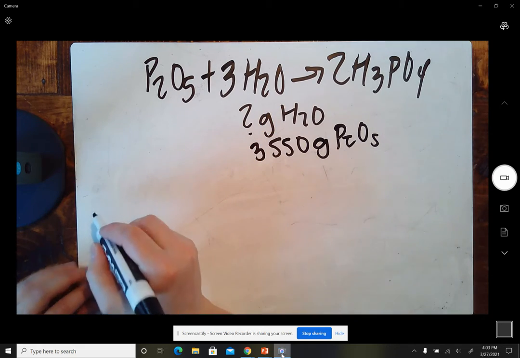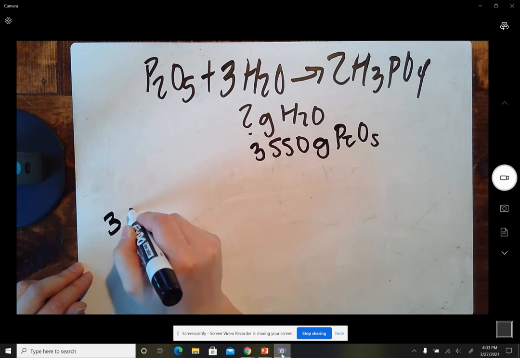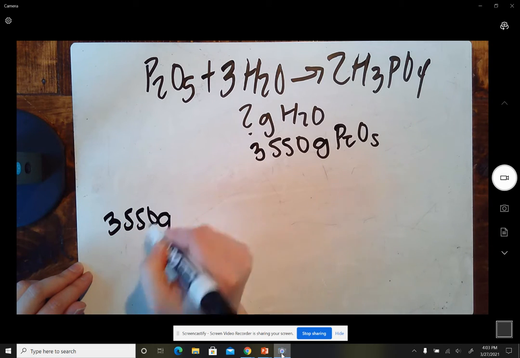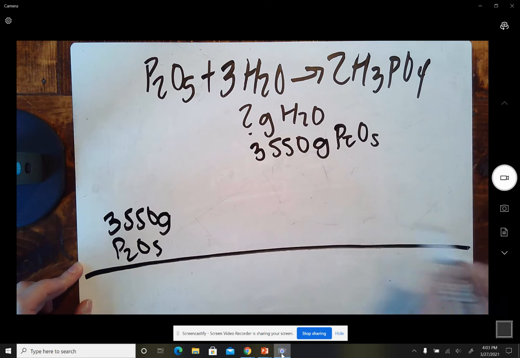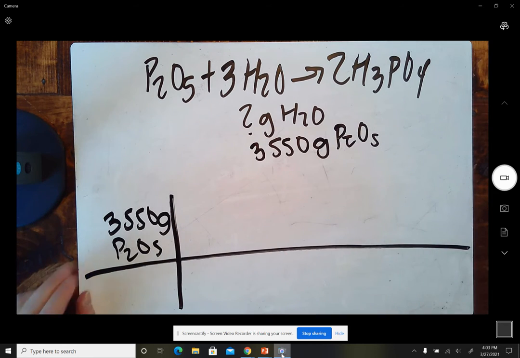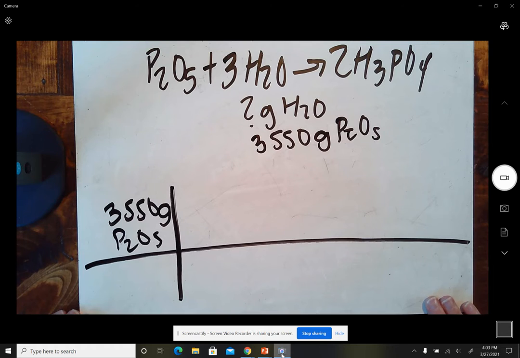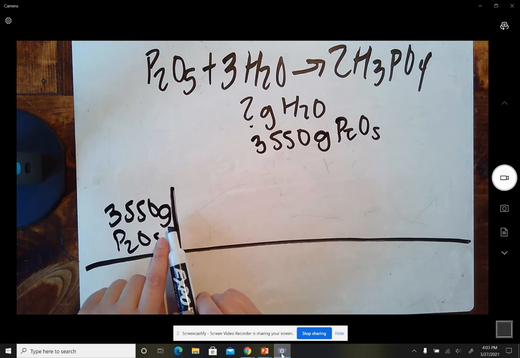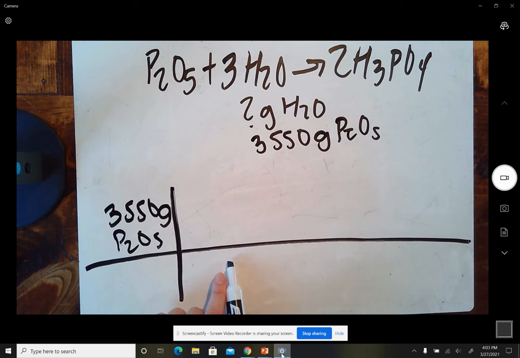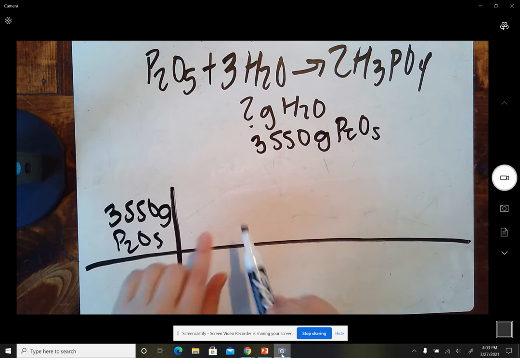So here we go. Start with what you're given. 3,550 grams of diphosphorus pentoxide. Now, first step is we need to go from grams of substance A into moles of substance A. So we know by now that the old unit goes in the denominator, or what we're going from goes on the bottom, what we're going to goes on top.